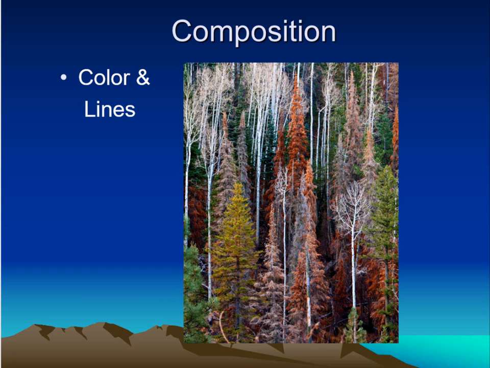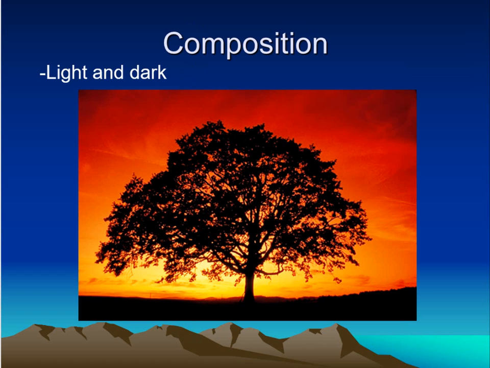Like the aspen in the lower right is close to the one-third line. There's the gap. On the left is the green tree, also roughly one-third, and then lines filling in the rest of it, combined with color tones. So lots of ways to do it, but I think it's a good example.